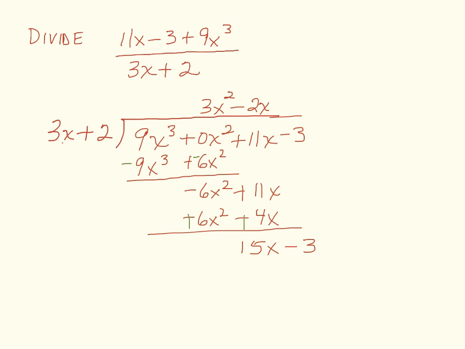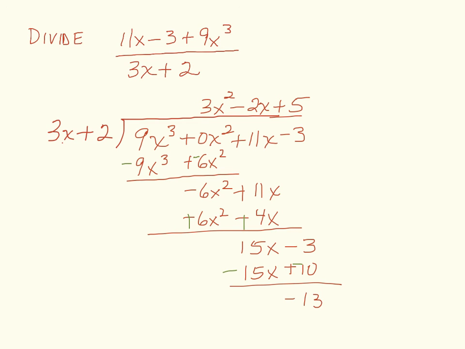Now 3x goes into 15x 5 times. 5 times 2 is 10. 5 times 3x is 15x. Subtract, change the signs, and combine. So we have negative 3 and negative 10. That's a negative 13.